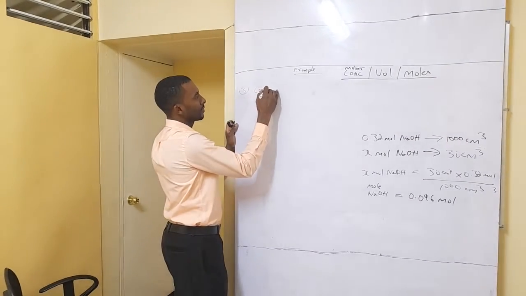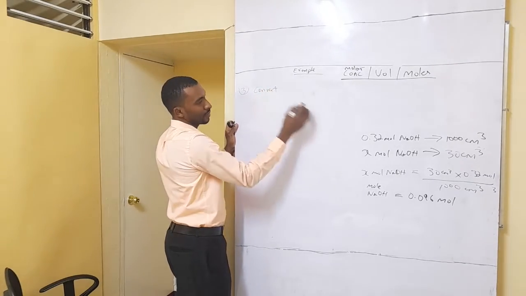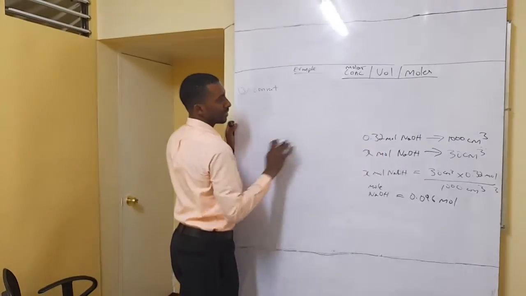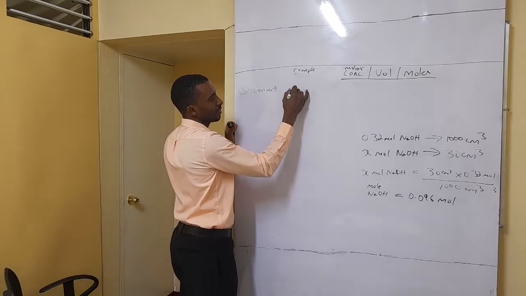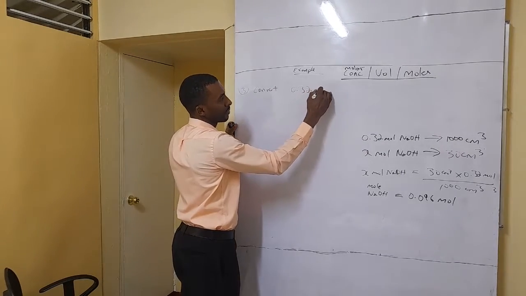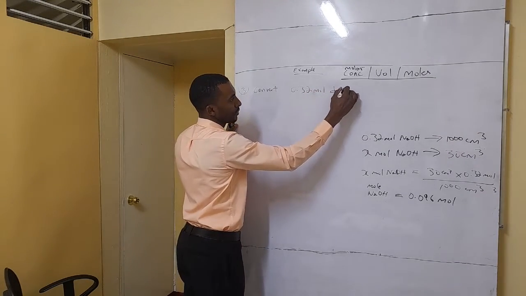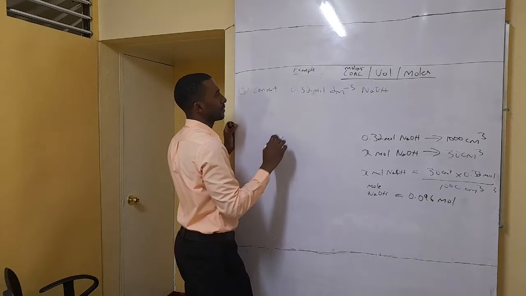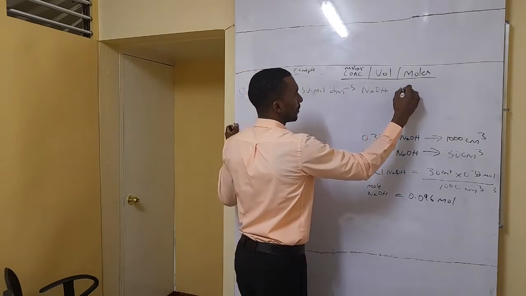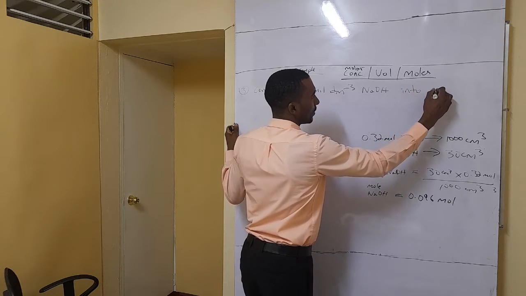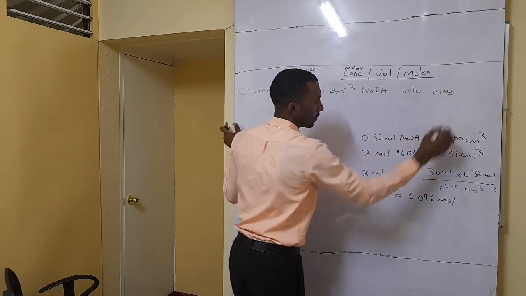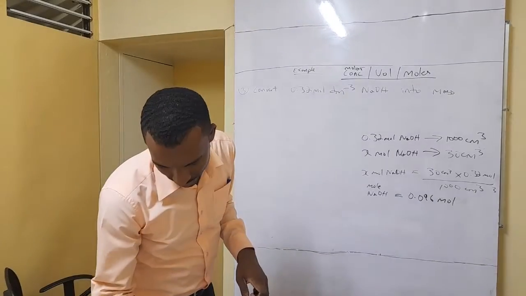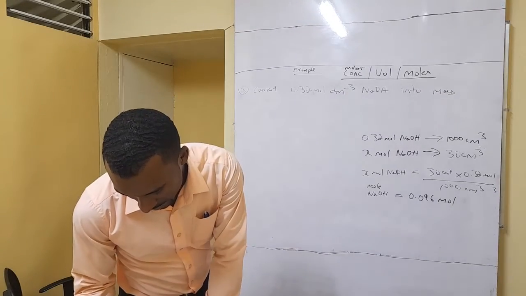Convert 0.32 moles per dm cube NaOH into the mass concentration.